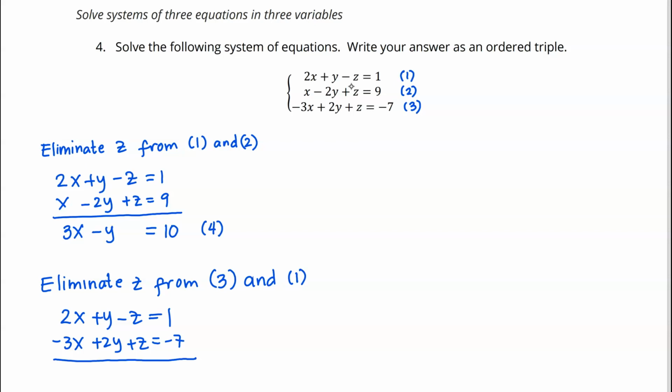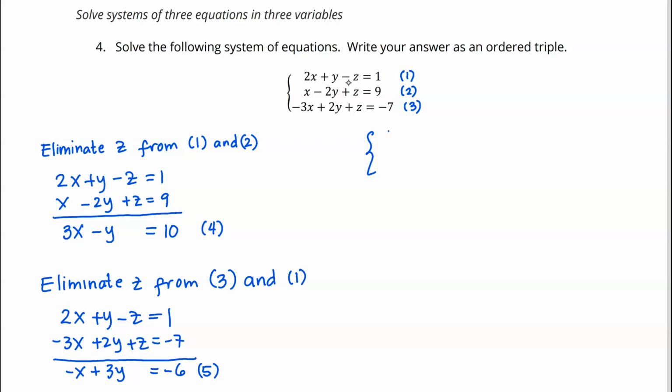You have 2x plus -3x is -x, and y plus 2y is 3y. Z plus z is 0, so you don't need to write that. And then 1 plus -7 is -6. And then we call this our equation 5. So now we're able to reduce it to a system of 2 equations in 2 variables.